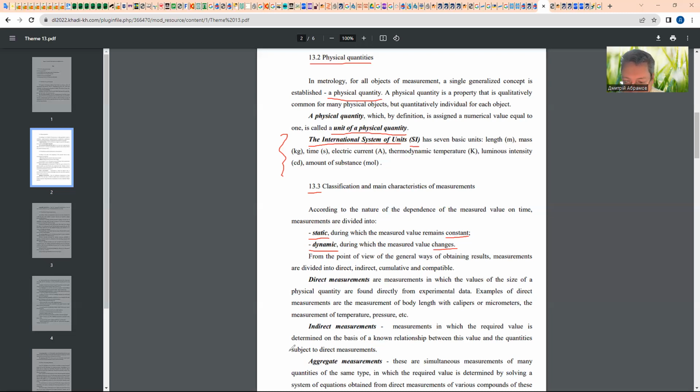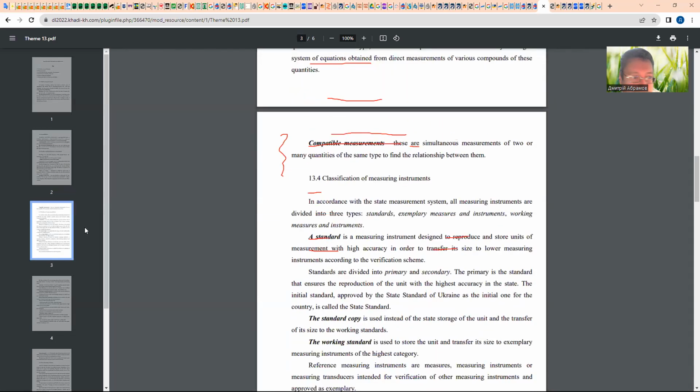These are simultaneous measurements of many quantities of the same type in which the required value is determined by solving a system of equations obtained from direct measurements of various combinations of these quantities.